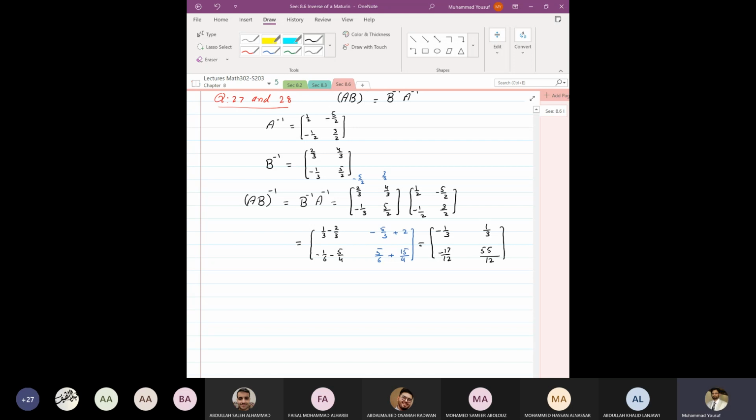No, it is not correct. So I think it is 5 over 3. It is a writing mistake for this question number 27. It is a writing mistake in the book.